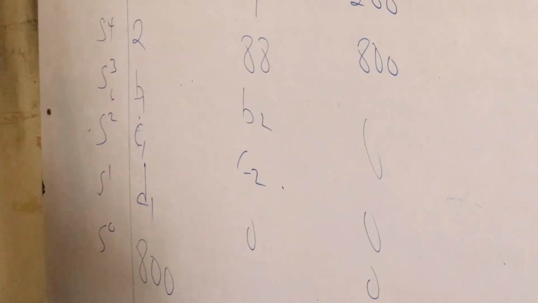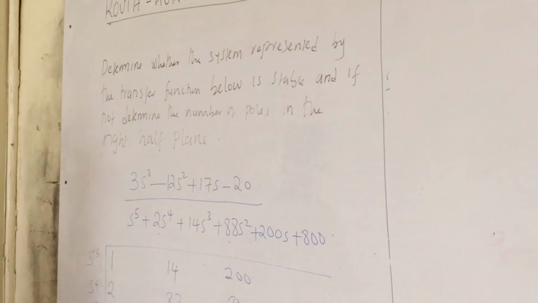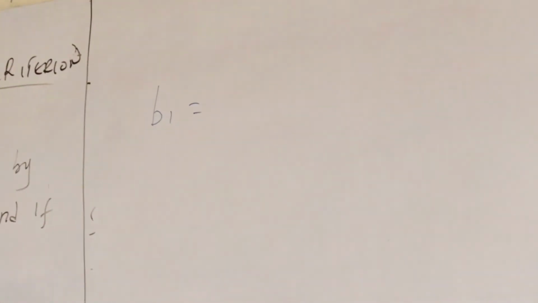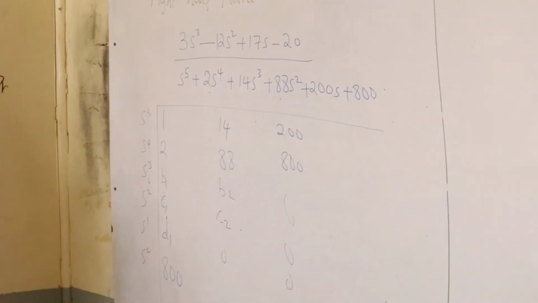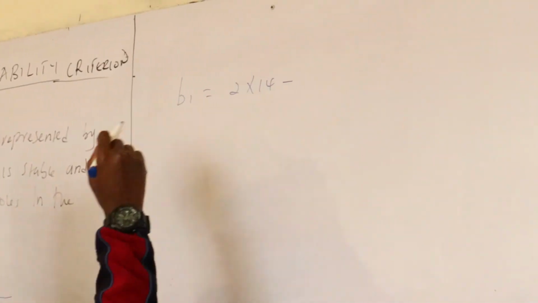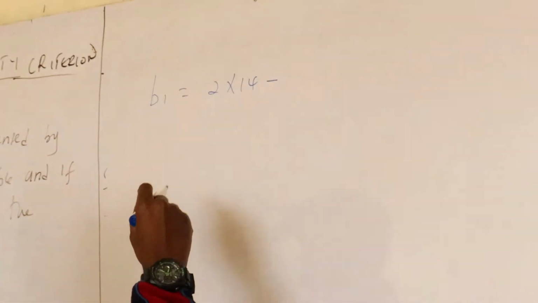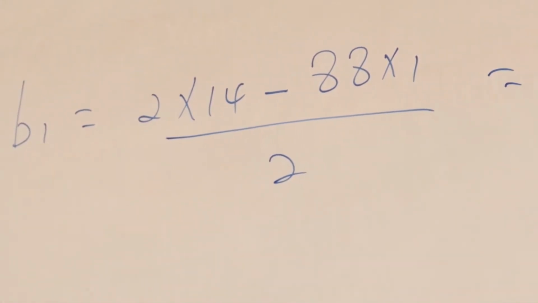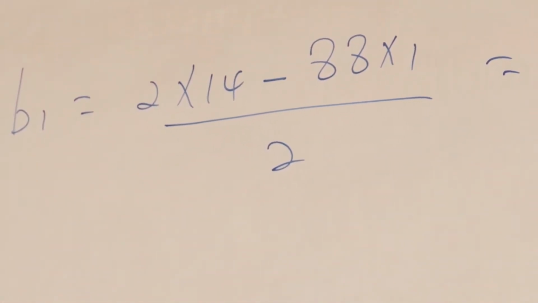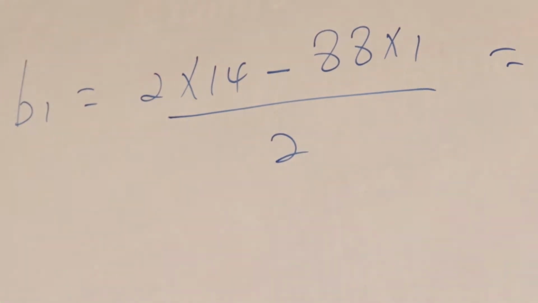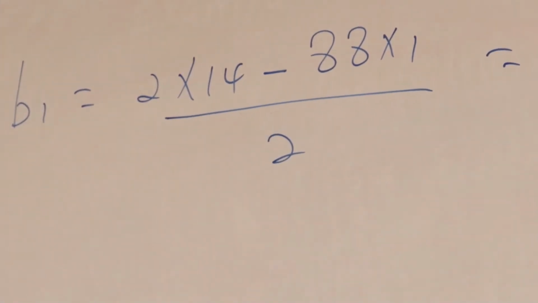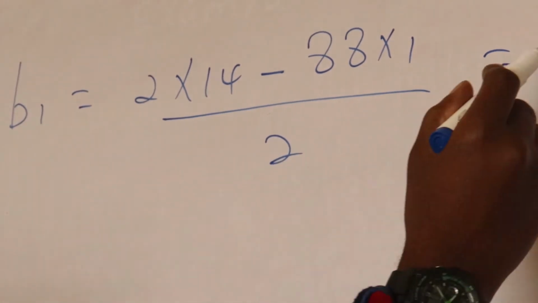B1: 2 times 14 minus 88 times 1, all over 2. So what is that? It is -30.